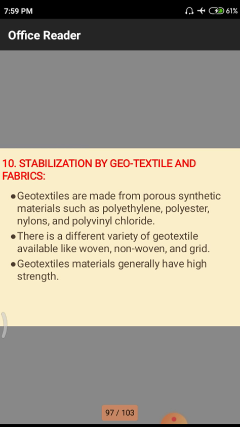Why are we using this cover? Normally, to protect our body from external environmental conditions, we are using these cloths and textiles. Here also we are using the term geotextile.